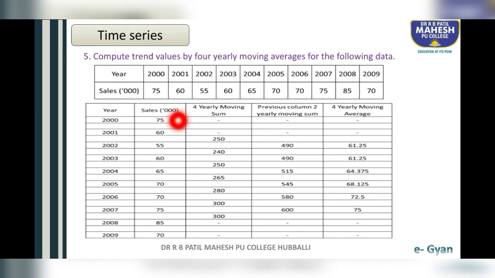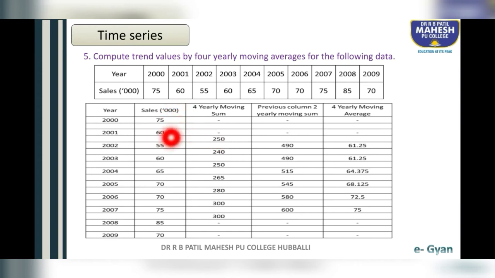Add 4 values. First from here you have to take 4 values. 75 plus 60 plus 55 plus 60 is 250. Okay? Again you leave 75.